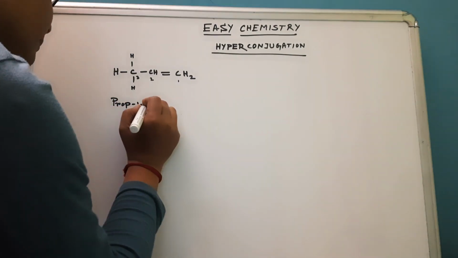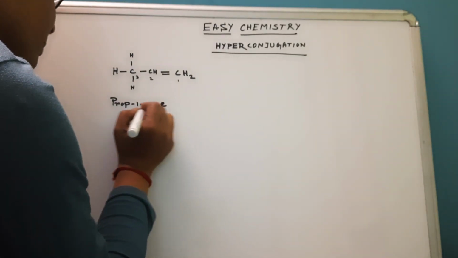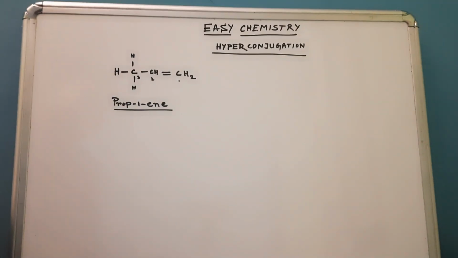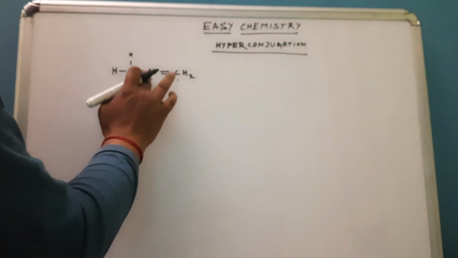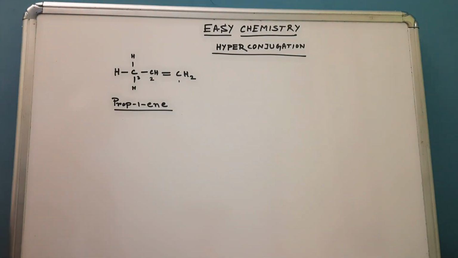In this alkene, a total of 3 hydrogens are attached to the carbon next to the pi bond.